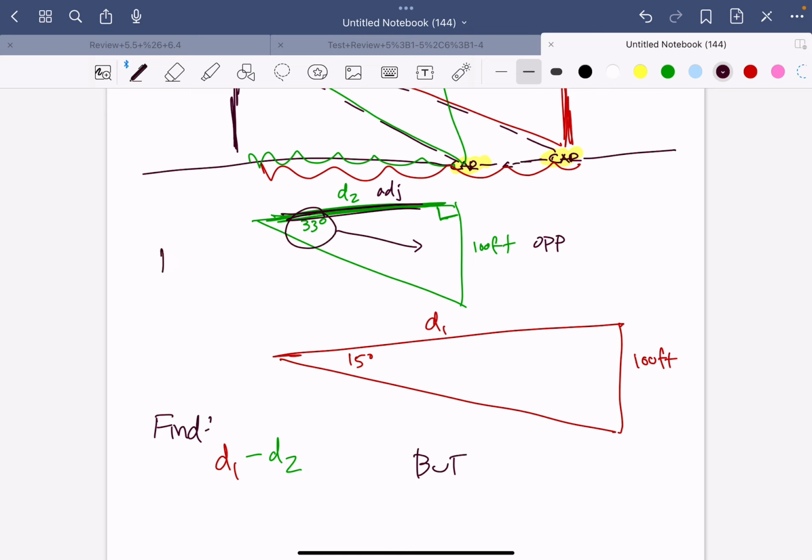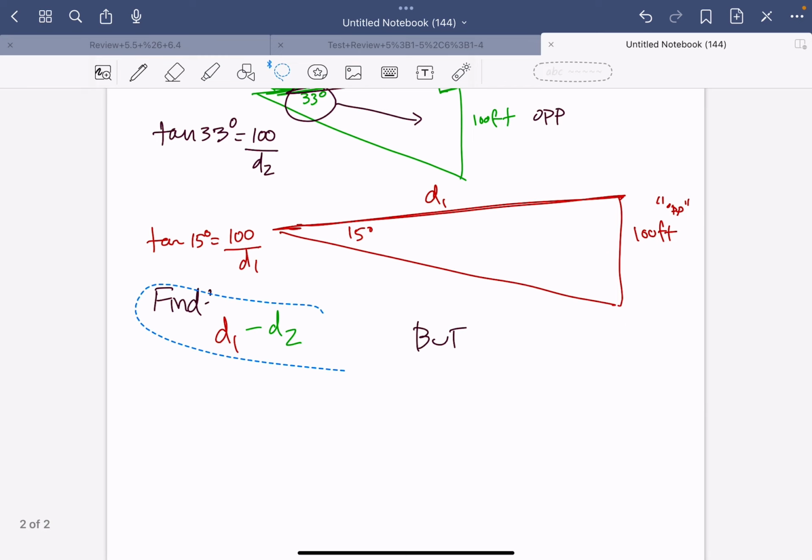So the tangent of 33 degrees is opposite, which is 100, over adjacent, which is D2. And for this red triangle, the tangent of 15 degrees is the opposite, which is 100, over the adjacent, which is D sub 1.